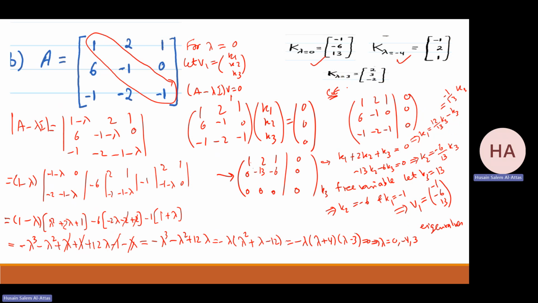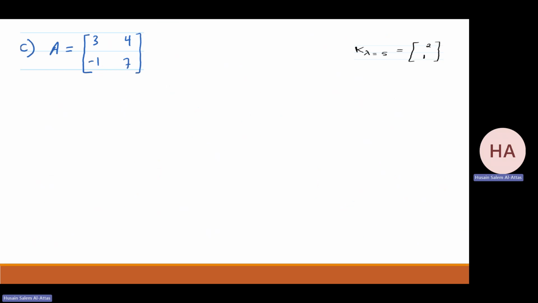Which is this one. Sorry, but calculations sometimes are very complicated. This is 2 by 2, so I think I can do it quickly. I have 3 minus lambda, 4, minus 1, 7 minus lambda.